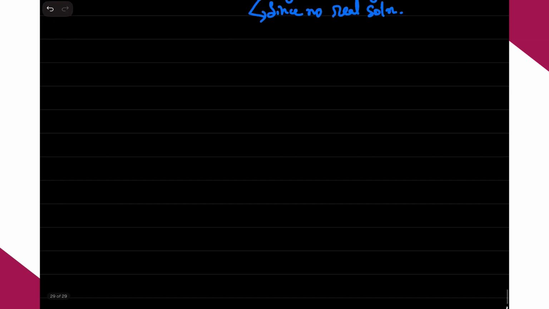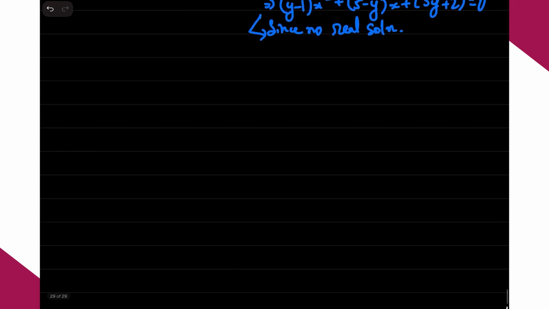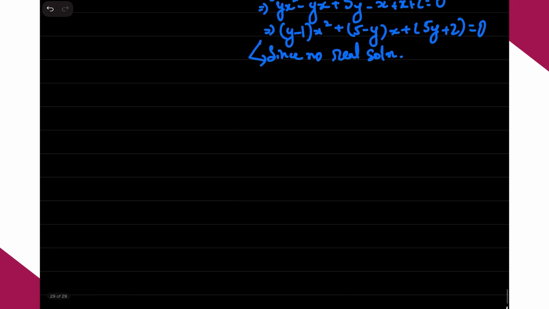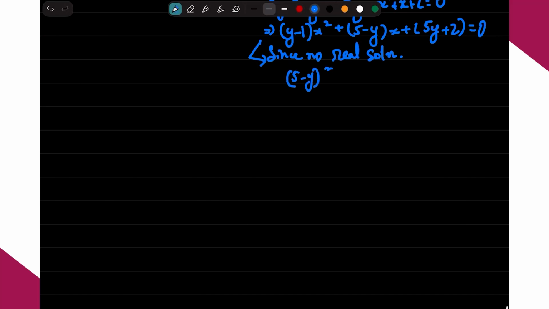Or you could try to plug it into a calculator and see what is eventually going to happen. So that's also an option. So what we could ultimately do from here, since this has no real solution, is minus 5y squared minus 4 minus 1, and 5y plus 2 is less than 0, right?